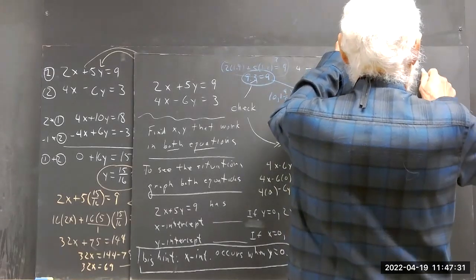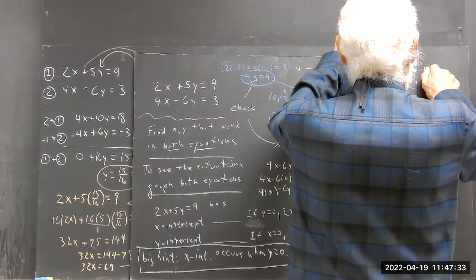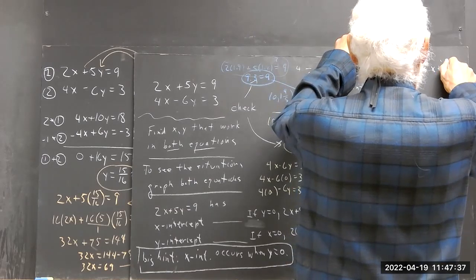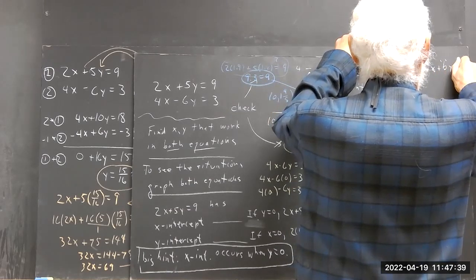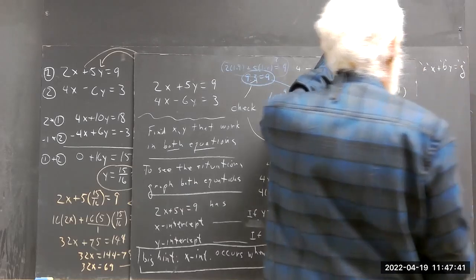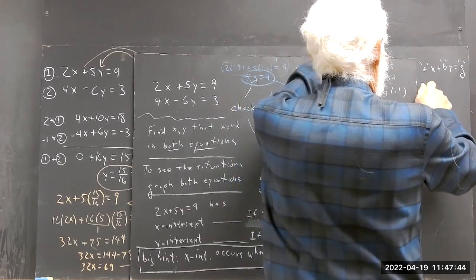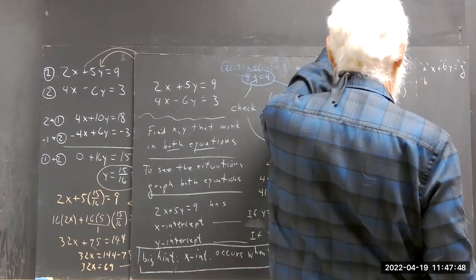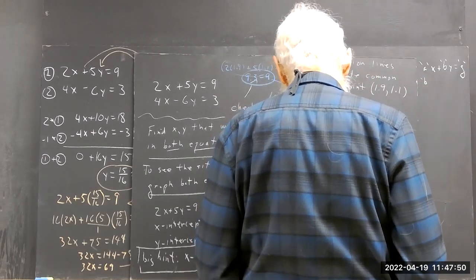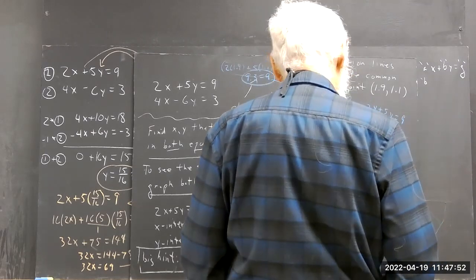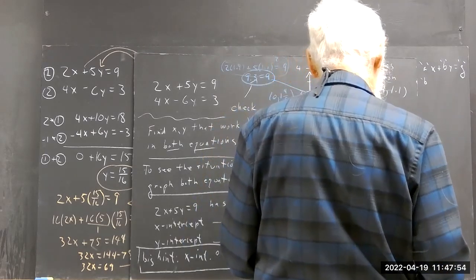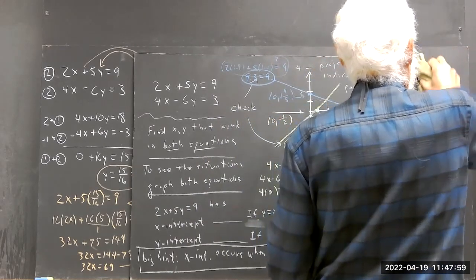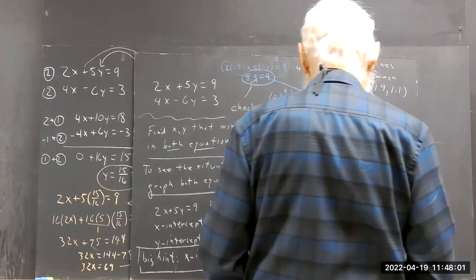Actually, I'm going to use your A's, B's, and C's. Ax plus By equals G. I'm already having second thoughts. I don't want the numbers to get too complicated.